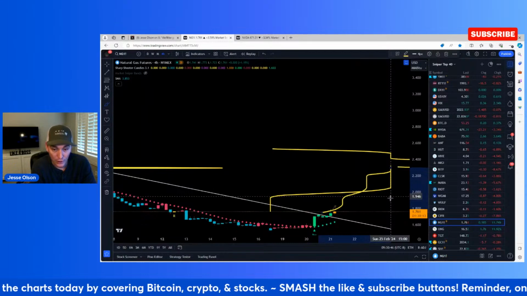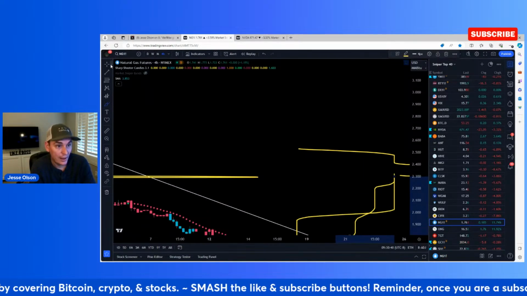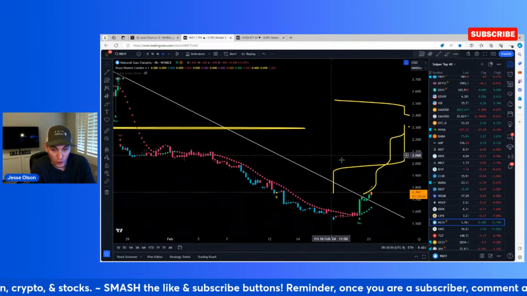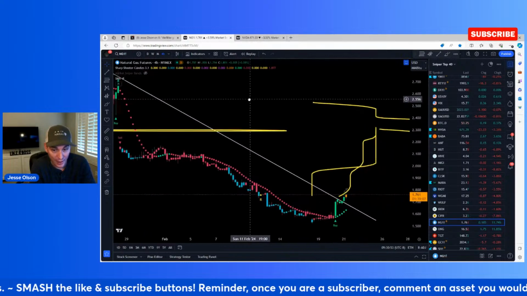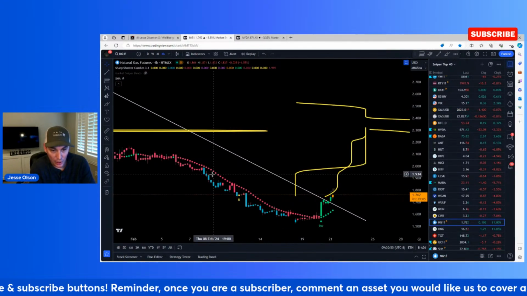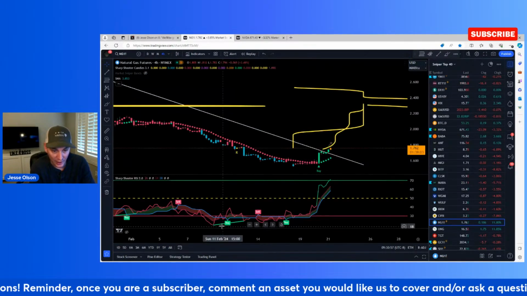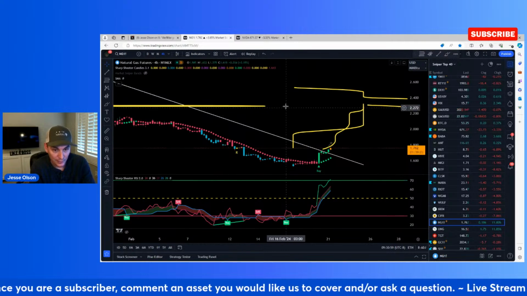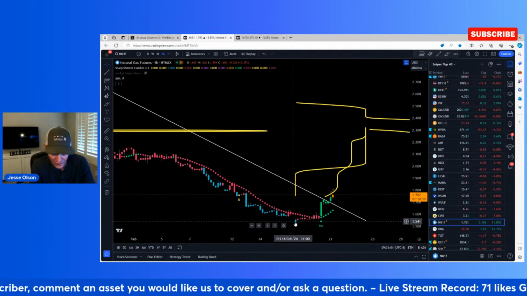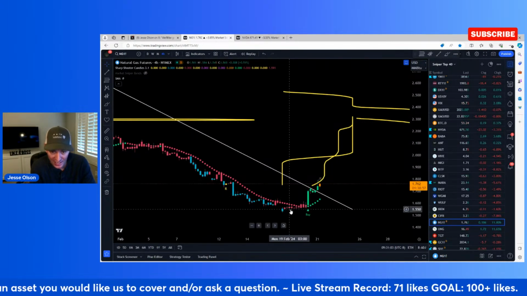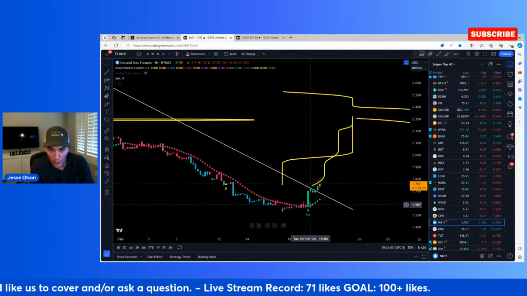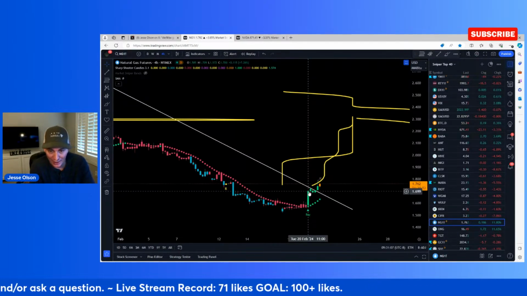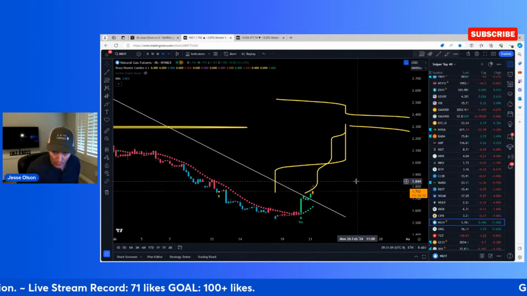Even the 4-hour chart had a buy signal, right? So if you're trading the futures on a lower time frame, you can see that you had this bullish divergence, most likely. Yep, bullish divergence. Price is oversold. And then you can see where it's starting to reverse back around. Then you had that buy signal on the 4-hour chart, and now it's ultra bullish on the 4-hour chart.